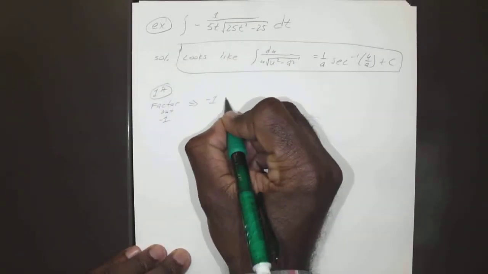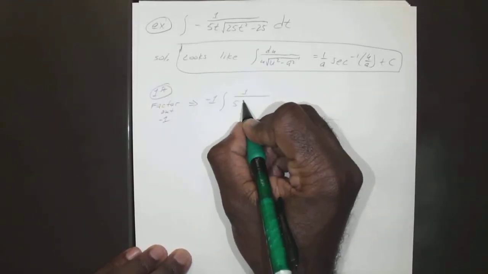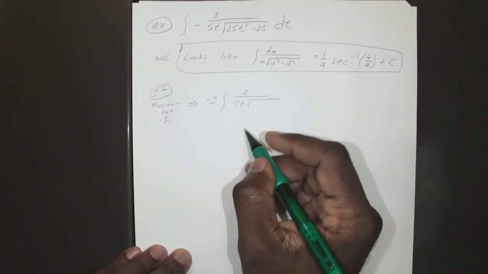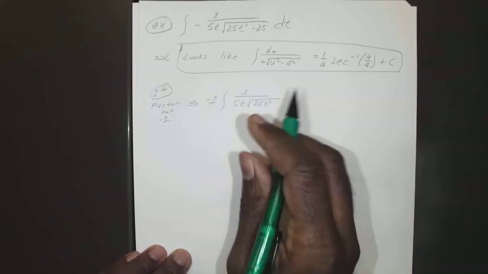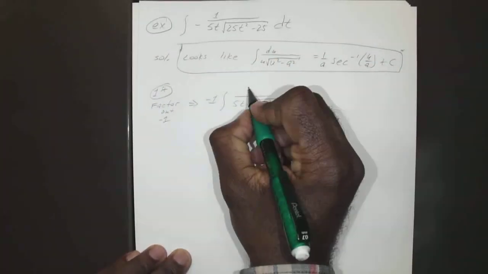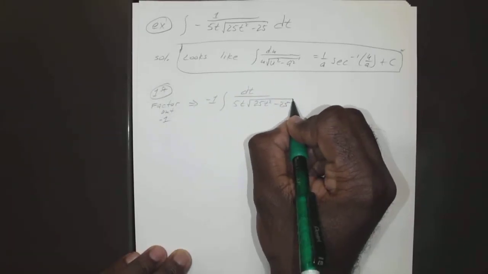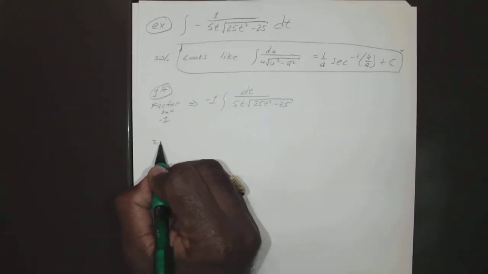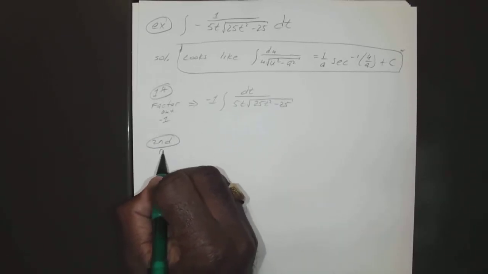Okay, so you have -1 times the integral of 1 over 5t times the square root of 25t squared minus 25. Actually, just bring the dt up top. Makes it a lot easier. Then your second step, you're going to rewrite it.